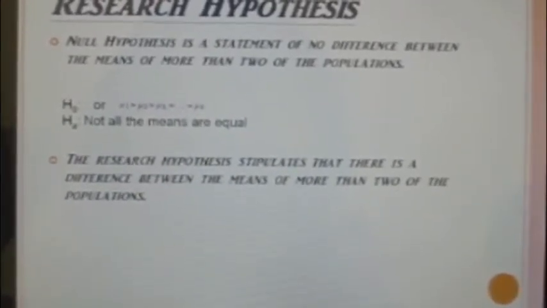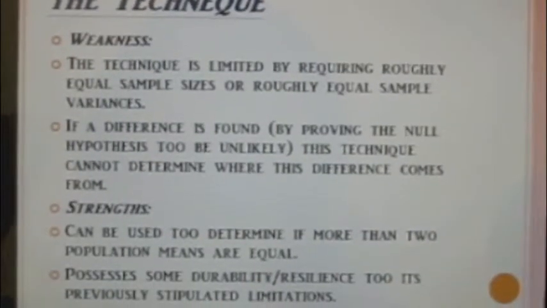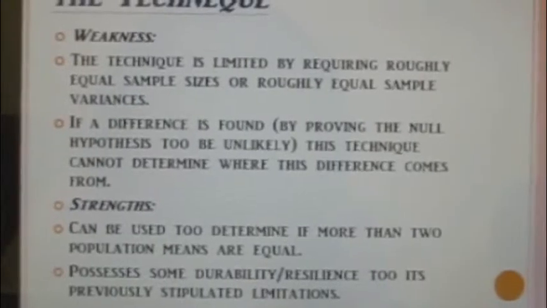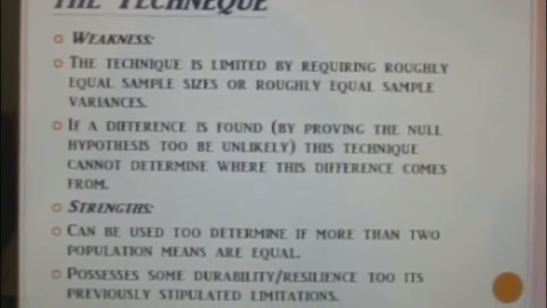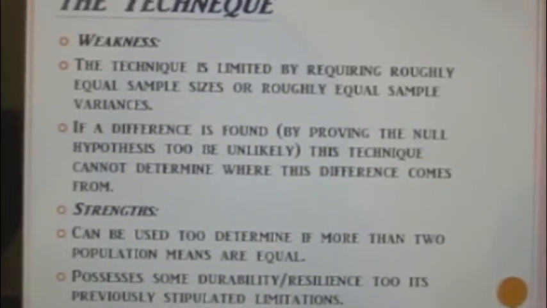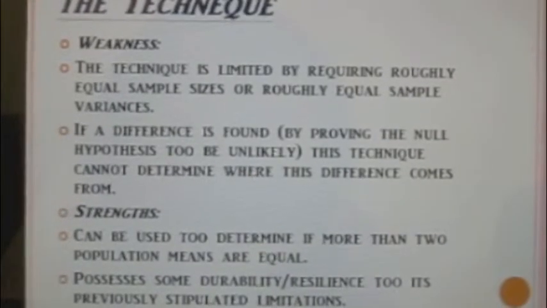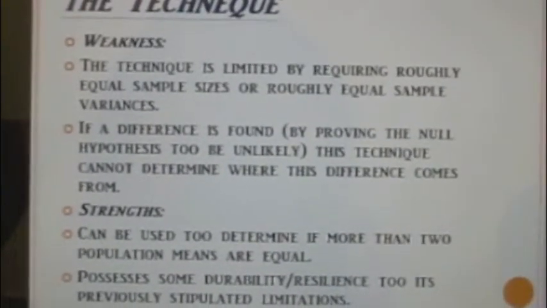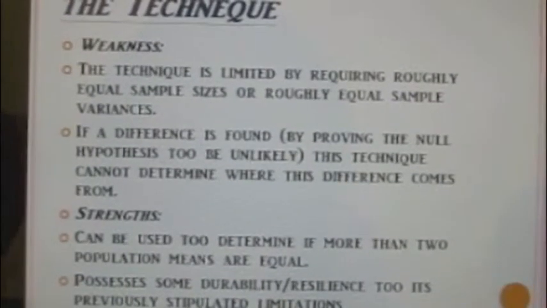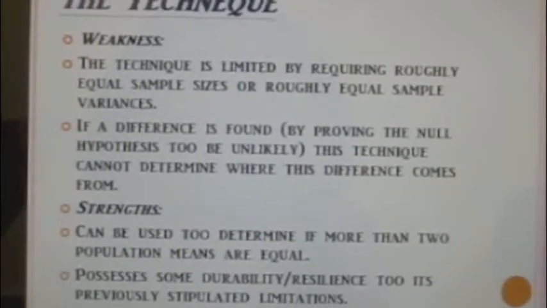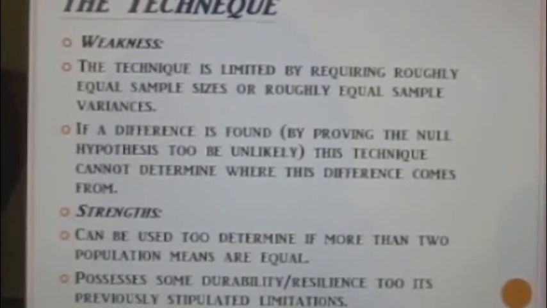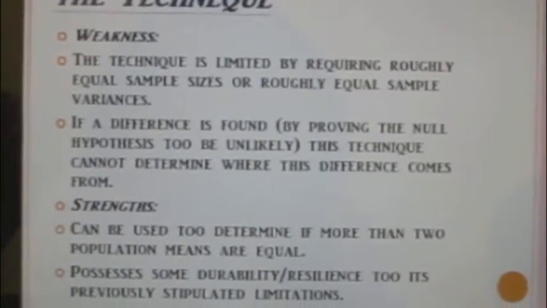While ANOVA can be used to generate enlightening analyses via confidently determining whether differences exist between variables, its calculations are limited by the fact that they require precisely measured dependent variables, as well as roughly equal sample sizes or roughly equal sample variances. However, ANOVA possesses some durability under these limitations and can still be effectively used if these requirements are not directly met.